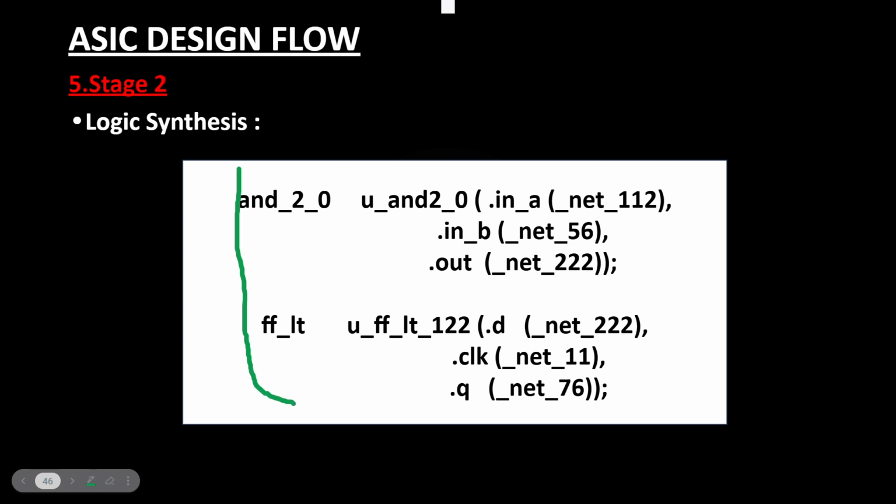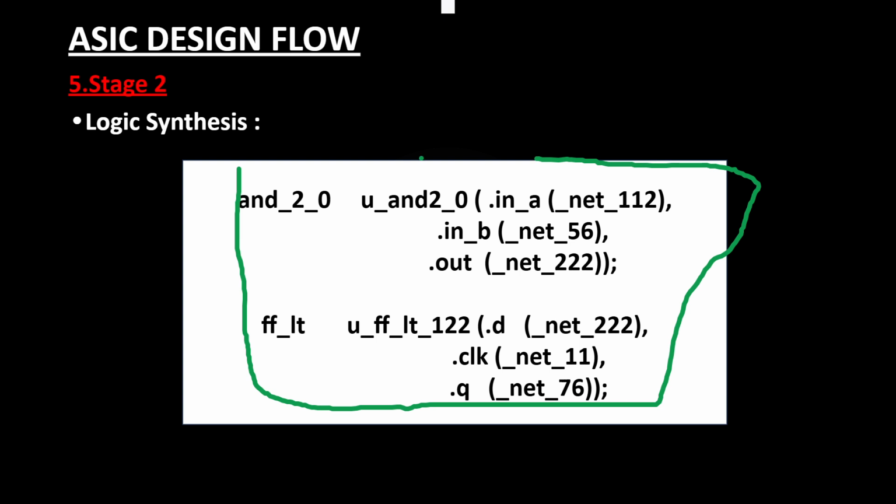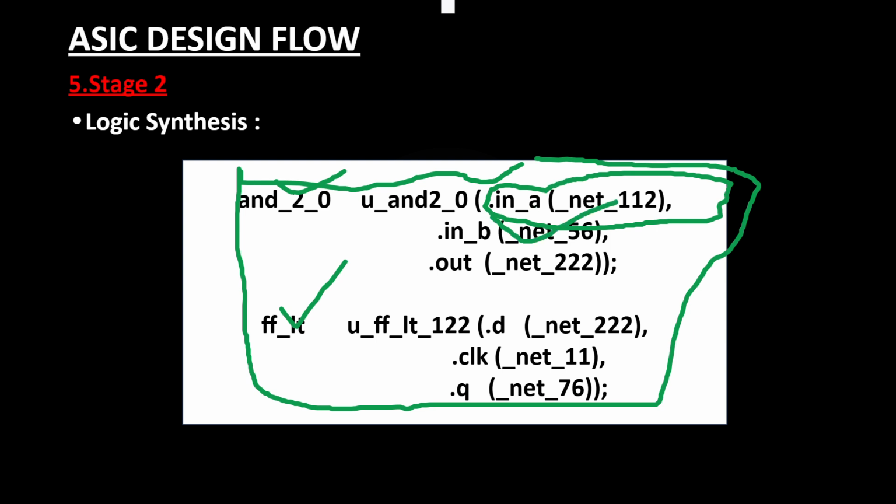After completion of the design code and verification, if the design code is perfect, we give the design code to logical synthesis, and logical synthesis will generate this. It shows that a flip-flop is required and an AND gate is required, and the connections, what we have to connect to what, all this will be shown.